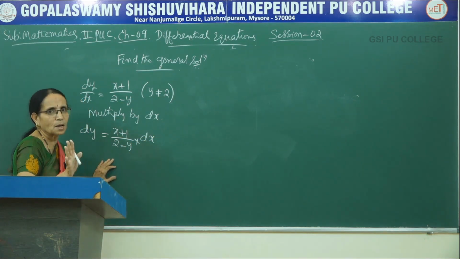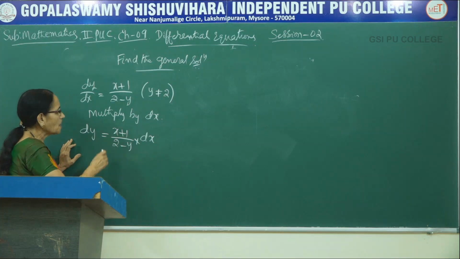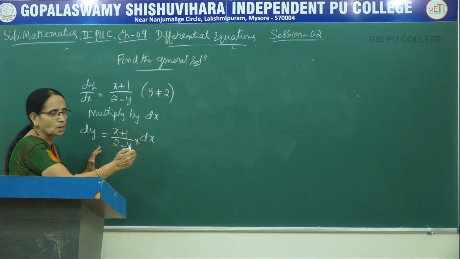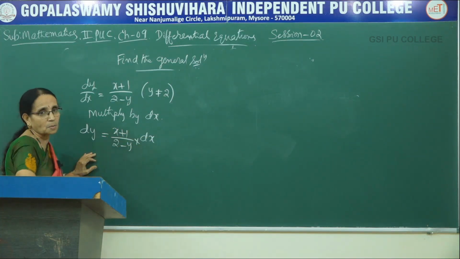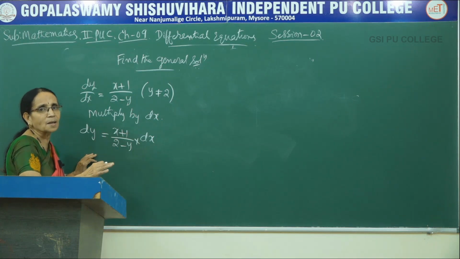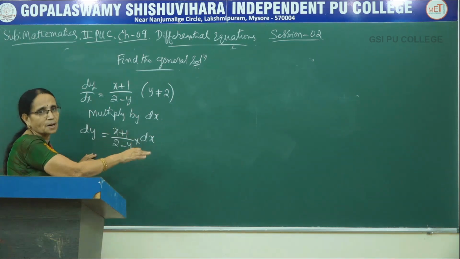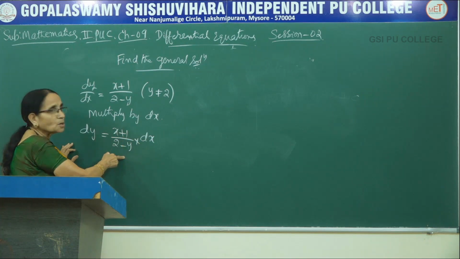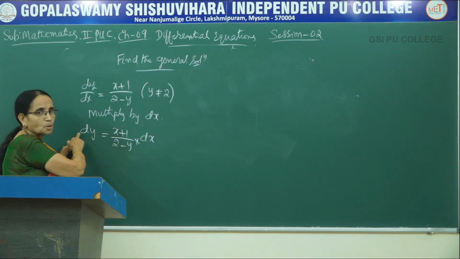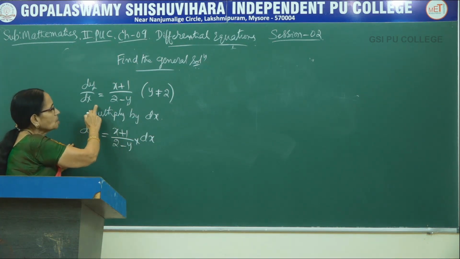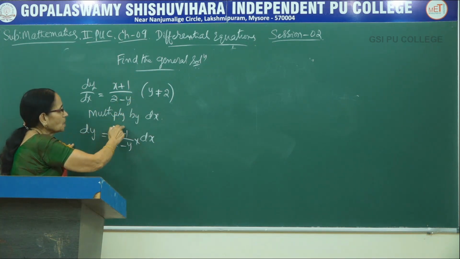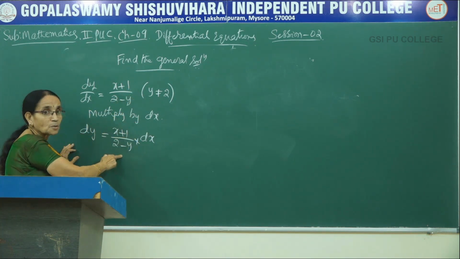Generally it can be given for a 3-mark question. Now x and dx have come together. This is an unwanted term here. Unwanted means it is containing y which we do not want on this side, isn't it? Now it is also in the denominator, it has to go to the numerator. So dx we brought to the numerator by multiplying. So what has to be done for this one?